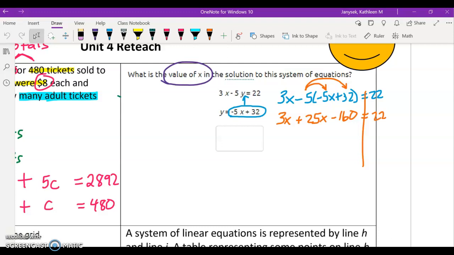Now combine your x's because they're on the same side. 3x plus 25x is 28x. To get x alone, we need to get rid of the minus 160, so we're adding 160 to both sides. So we have 182, and then we divide both sides by 28.